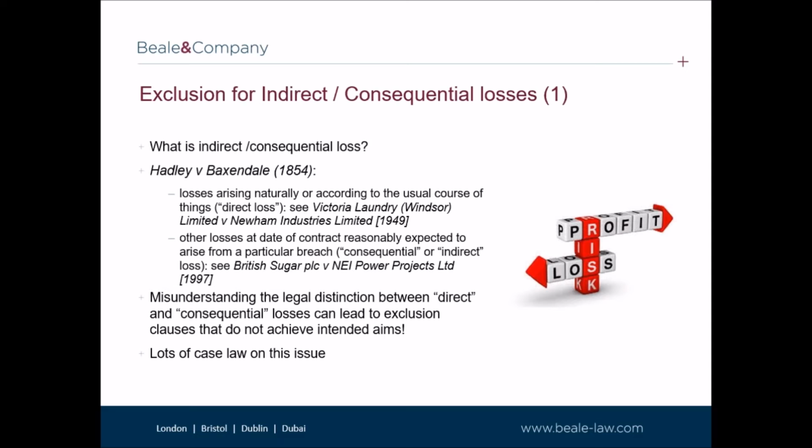The first limb, and these are stated on the slide, is loss that arises naturally or according to the usual course of things from the breach. The courts often refer to this first limb as direct loss. The second limb is such additional loss as the parties would, at the time when they made the contract, have reasonably expected to be the probable result of such a breach. The courts have generally referred to this second limb as a consequential or indirect loss.